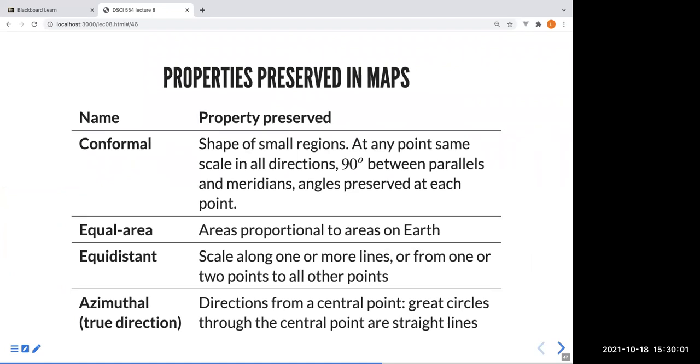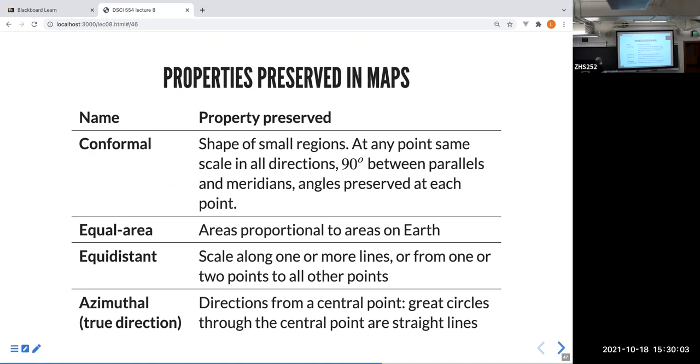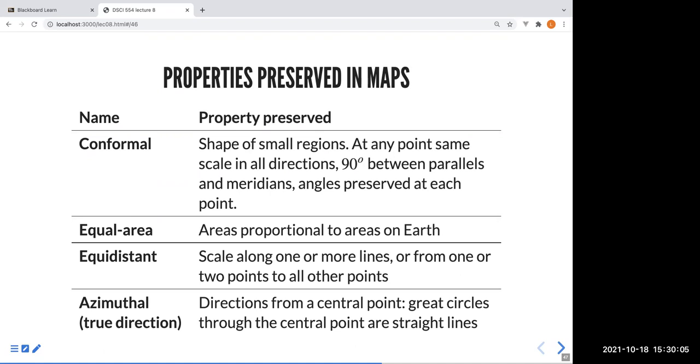The equal area, as the name also says it, is going to preserve the areas proportional to what you would see if you would look at it from a plane. Equidistant, any distance between 2 points or along one or more lines are going to be preserved.